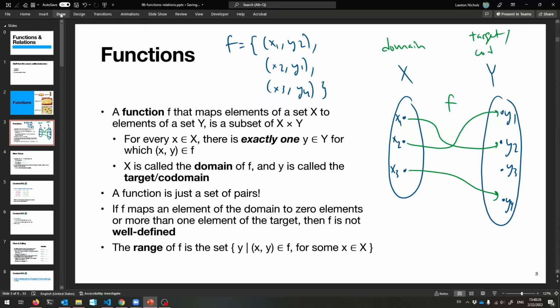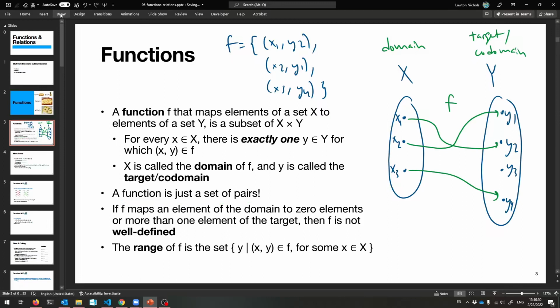Target or the codomain. That's the set where you're mapping to things, okay? Notice that you don't have to map to everybody in the target or the codomain, especially if it's a bigger set than the domain. It's impossible, right? You can't hit everybody. So yeah, a function, deep down, set theoretically, it's just a bunch of pairs saying who's going where.